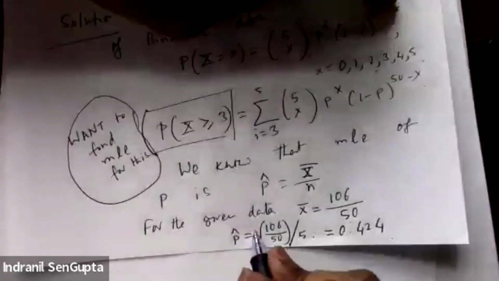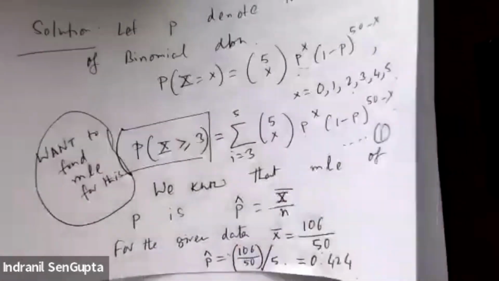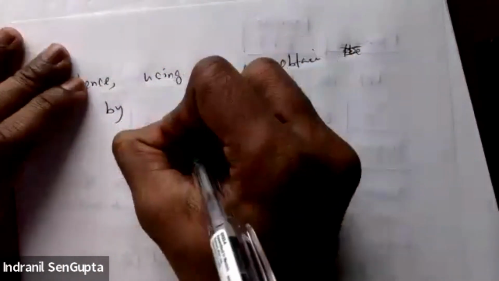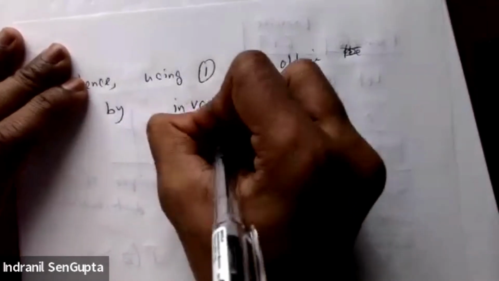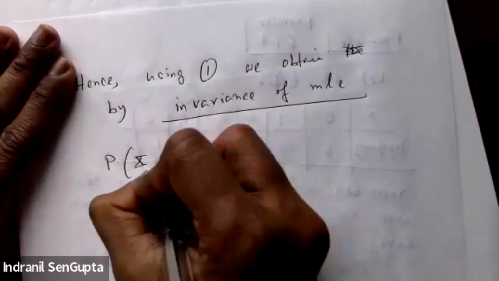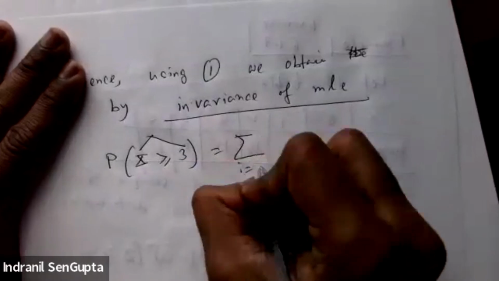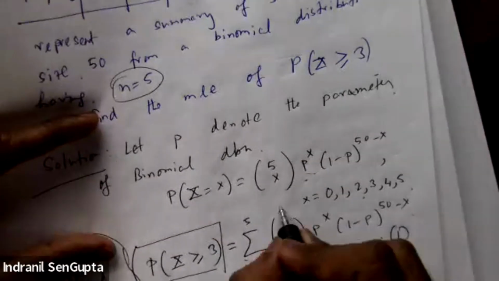As soon as you get this p hat, you just use it for estimating this quantity. So using 1, we obtain, and this is important, by the invariance of MLE, the estimator of the probability of x bigger than or equal to 3 would be the sum, where I replace p by the p hat that we just obtained.